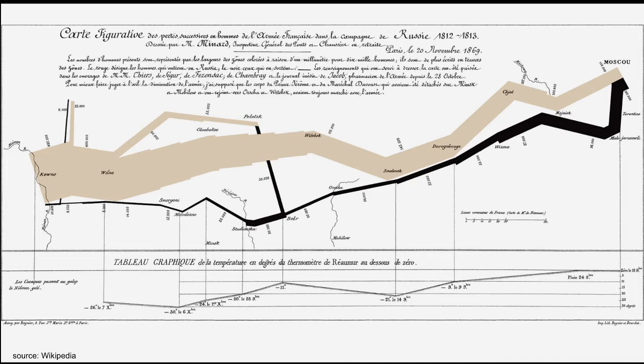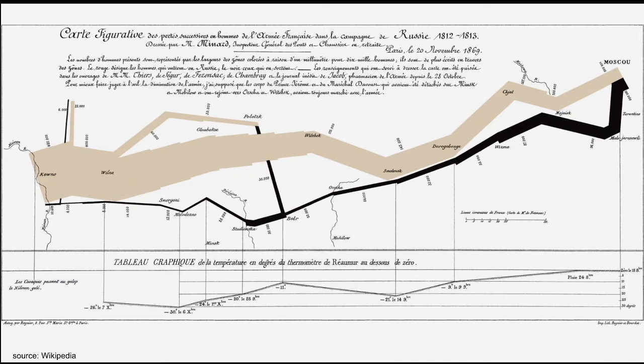It was about 420,000 at the start, and over the course of the campaign, the brown shows them during the advance, and then the black shows them during the retreat. That number dwindled down over various battles, over various losses, to less than 10,000 soldiers returning with Napoleon. This will give you an idea of why it's never a good idea to start a land war in Asia.